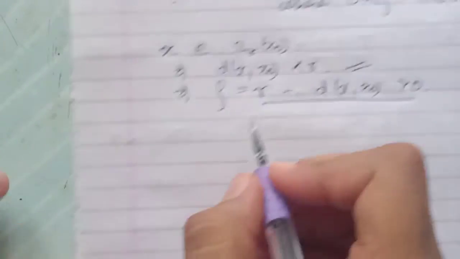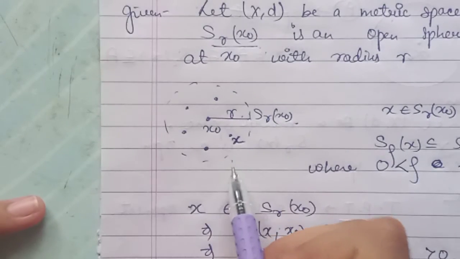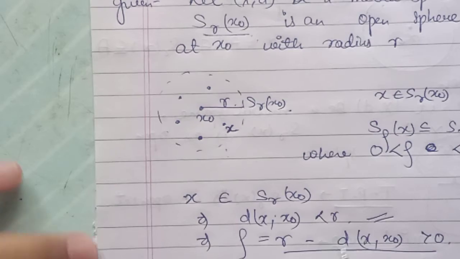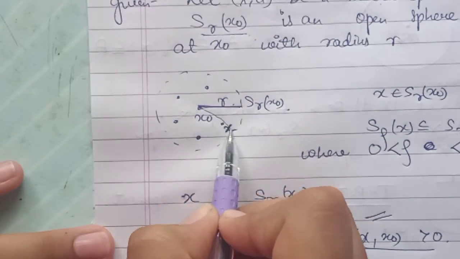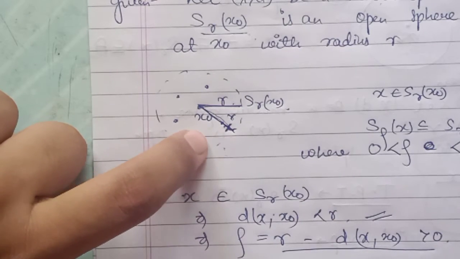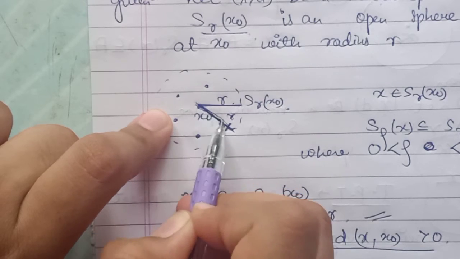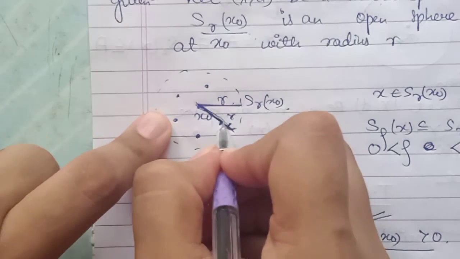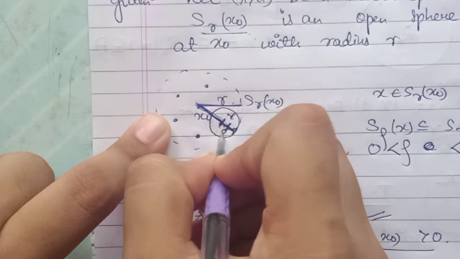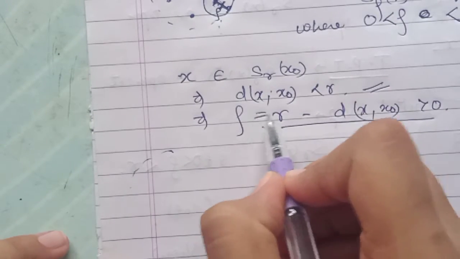If we draw it, this is R, so this also is R, minus the distance between X and X0, which means we are not taking this part, only this much is rho. This distance is rho.